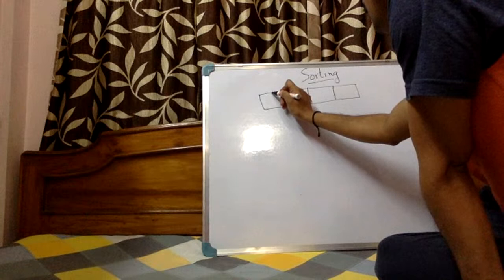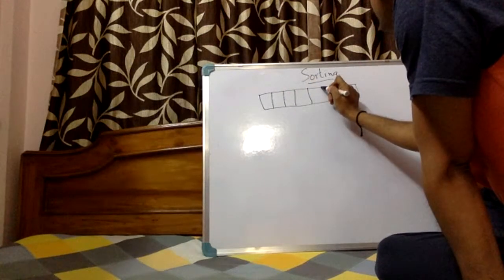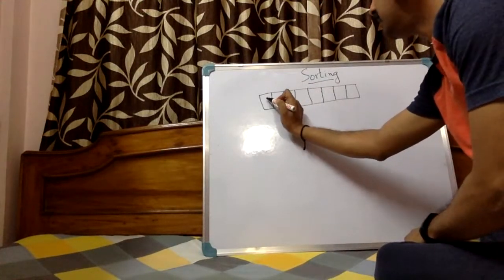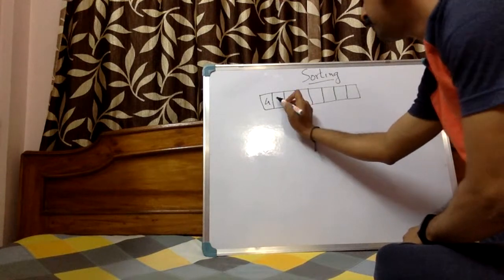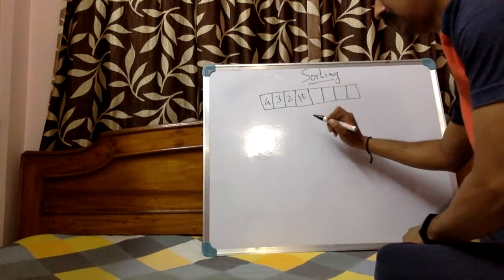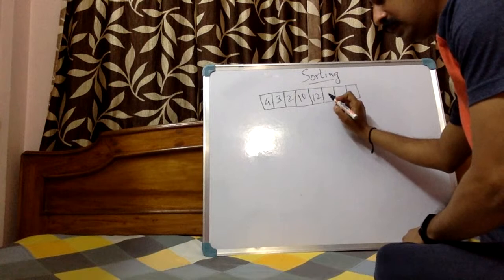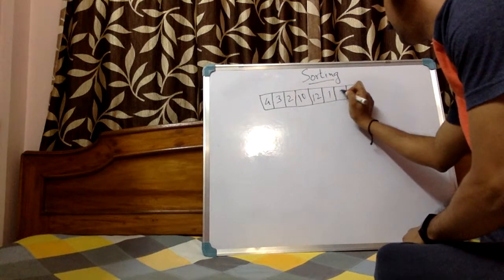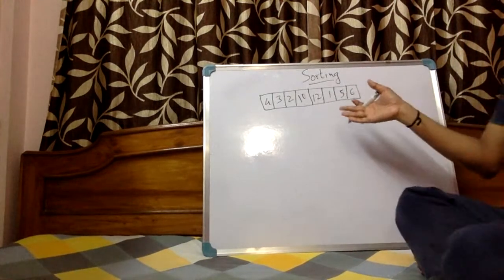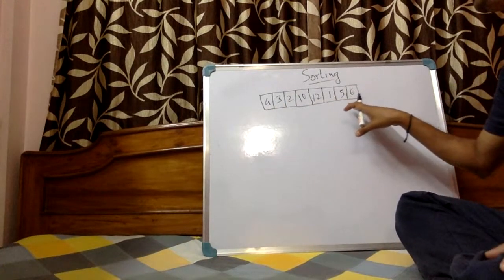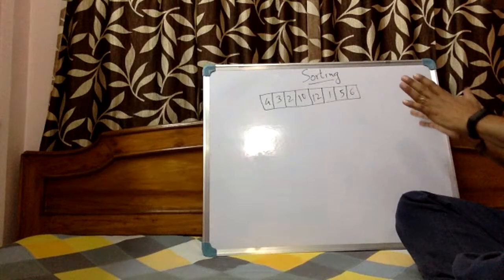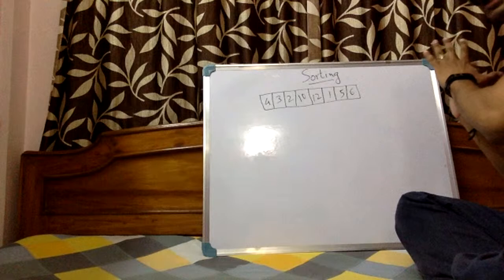Just assume we have an array, and in this array I have some numbers like 4, 3, 2, 10, 12, 1, 5, and 6. Okay, as you can see, I have a total of 8 numbers, but the numbers are not currently sorted. And what I want to do is make these numbers in sorted order.